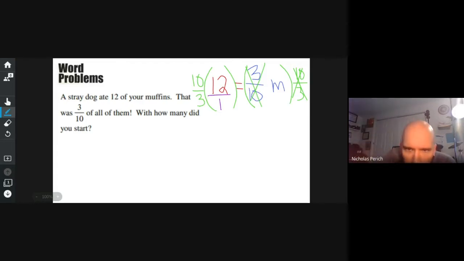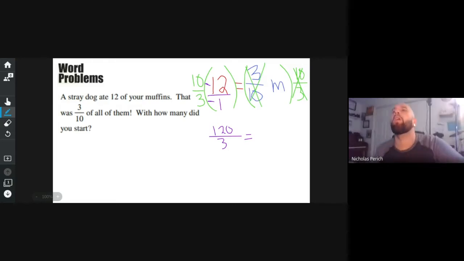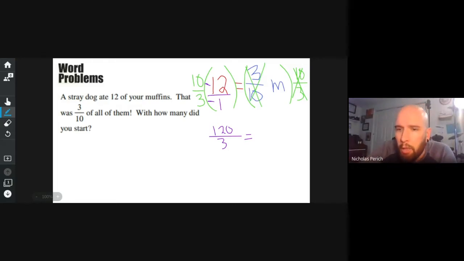So 10 times 12 is 120, and the denominator is 3. First off, 12 divided by 3 is 4, so 120 divided by 3 is 40.